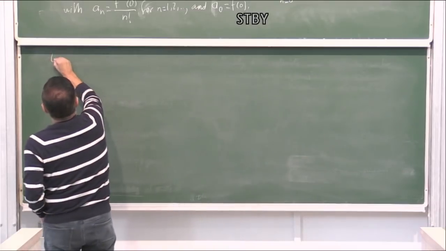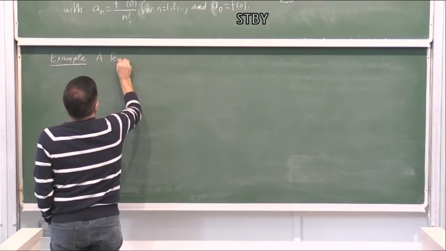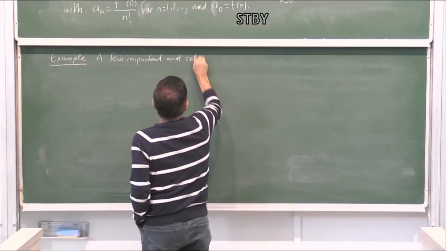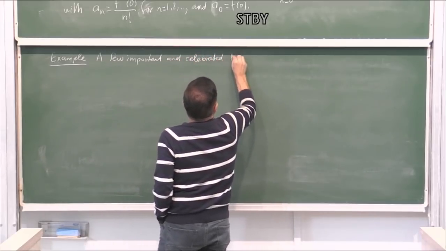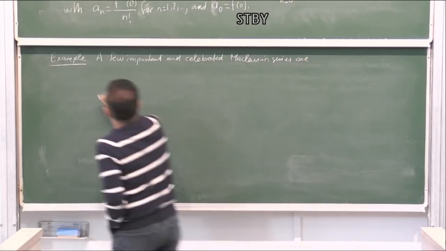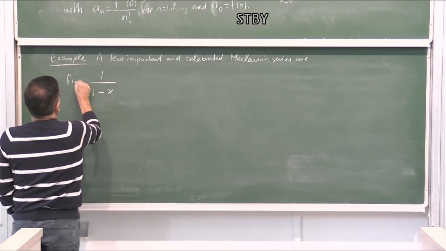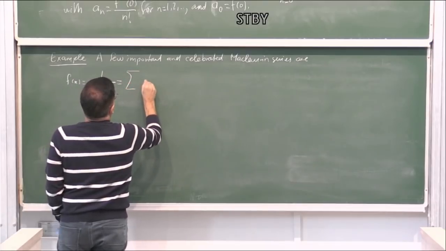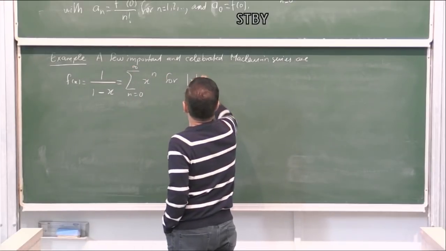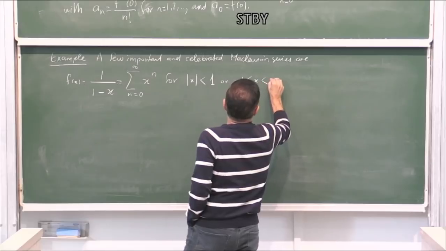Okay? A few important and celebrated Maclaurin series are, look, the series for 1 over 1 minus x, the sum of x to power n, for x smaller than 1, or this open interval.